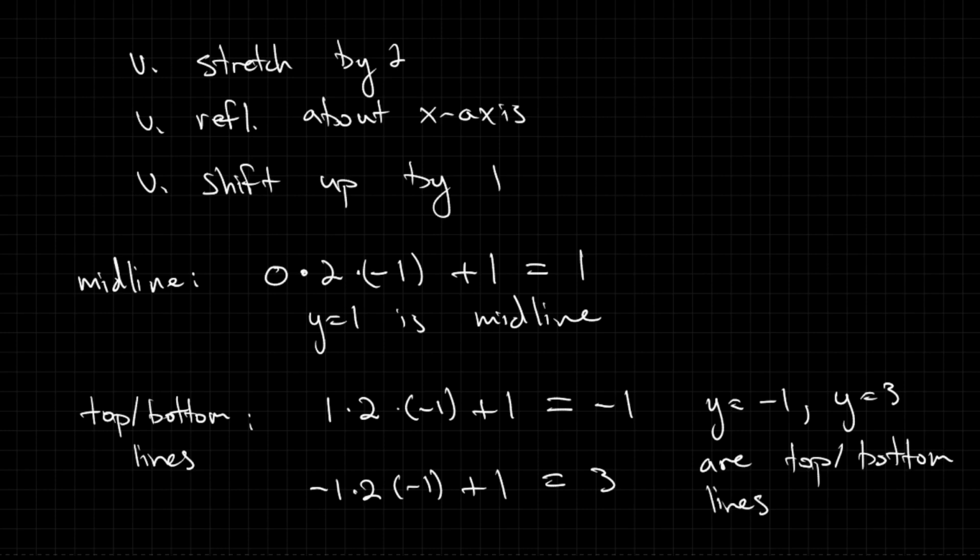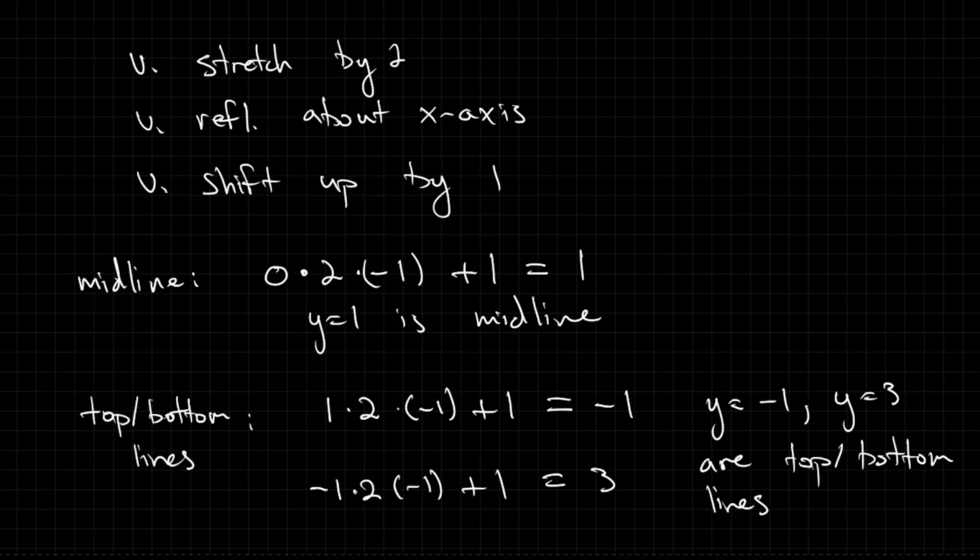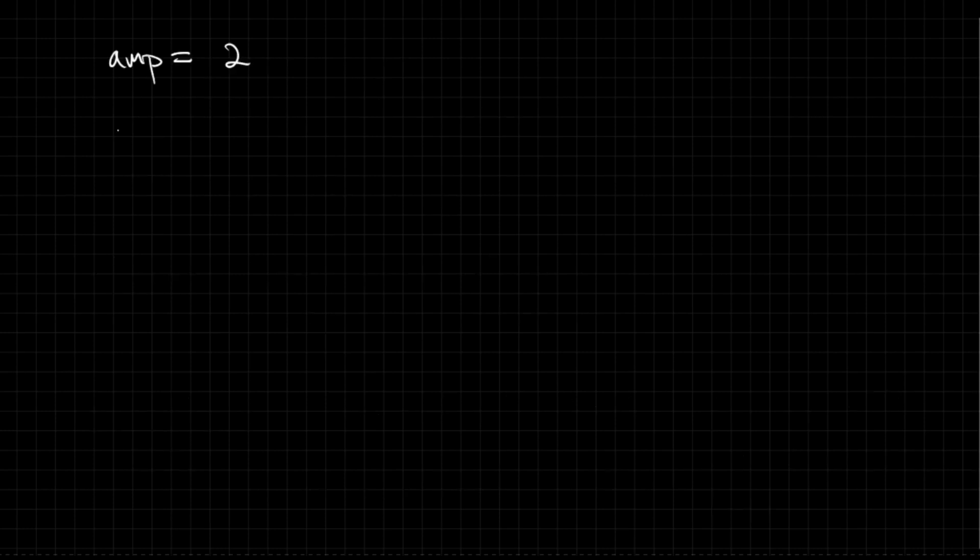Another way that you can do this, if you identify what the amplitude is, is equal to 2, because that is what the vertical stretch is. And once you have the amplitude, and the midline is always equal to the shift, so the midline would be y equals 1, you can find the top and bottom lines by adding and subtracting the amplitude from the midline.